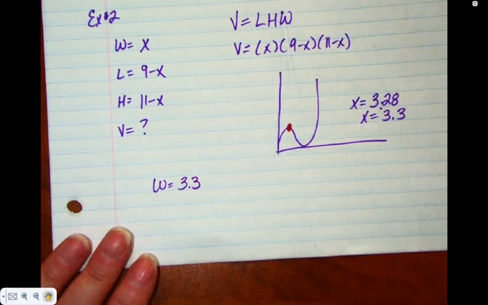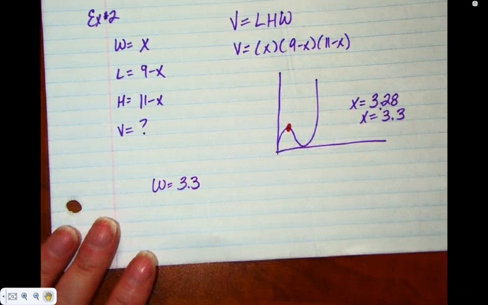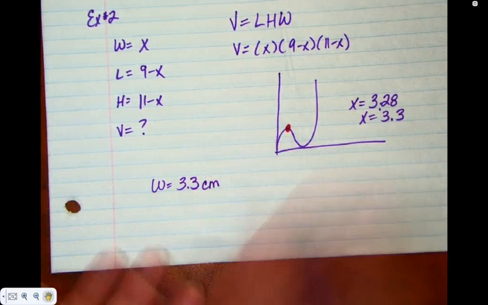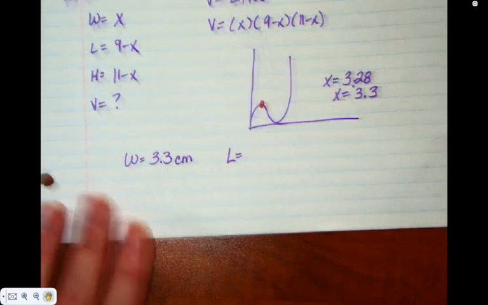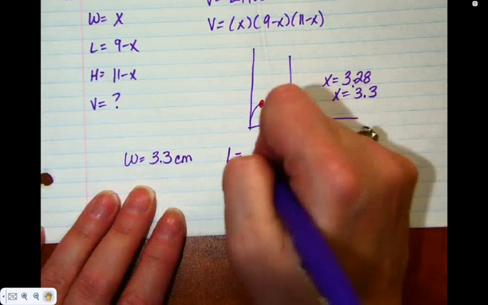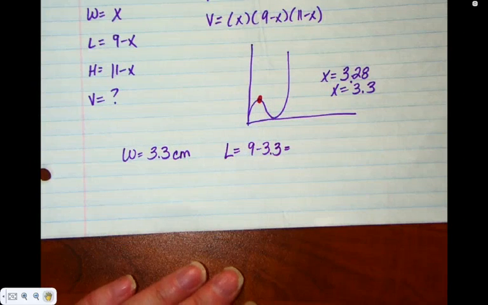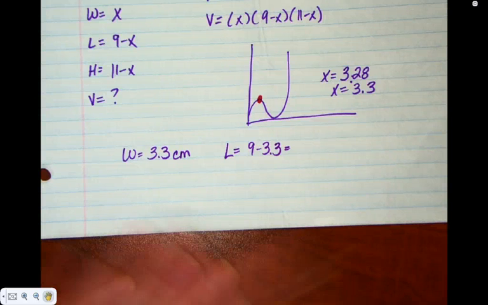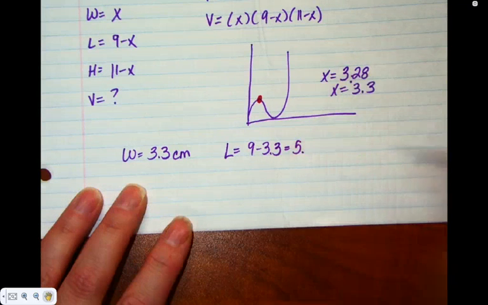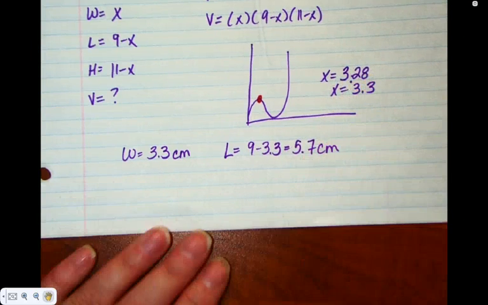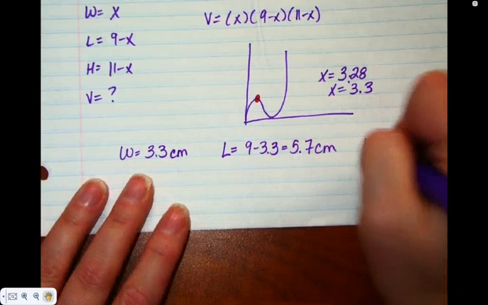What were the units? Centimeters. How do I get the length? How do I get the height?